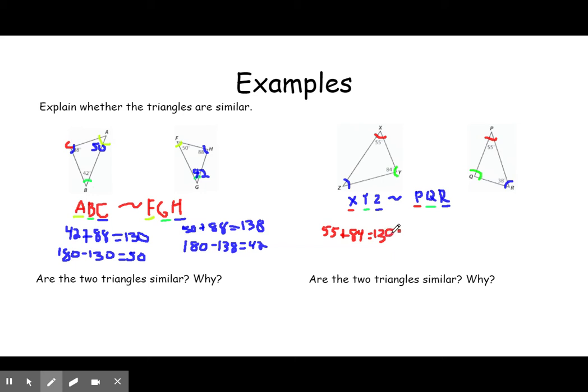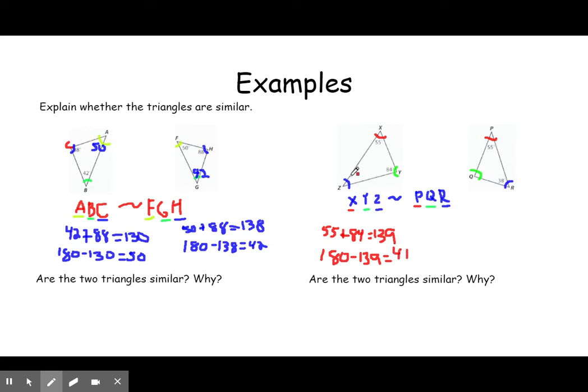There we go. All right, 139. So now if I take 180, because again, all three angles need to add up to 180, I subtract the sum of those two angles, that will give me my missing angle. So if I take 180 and I subtract 139, I get 41.